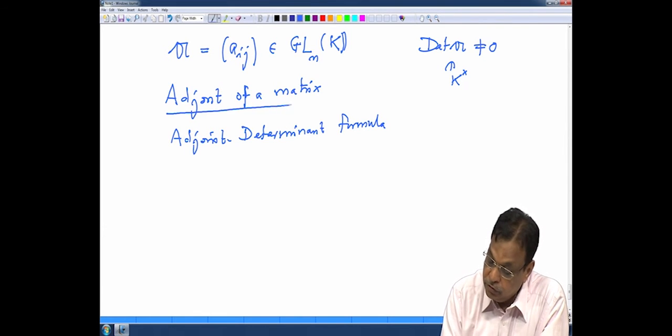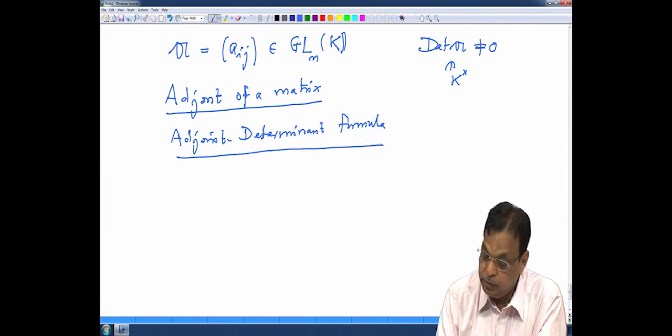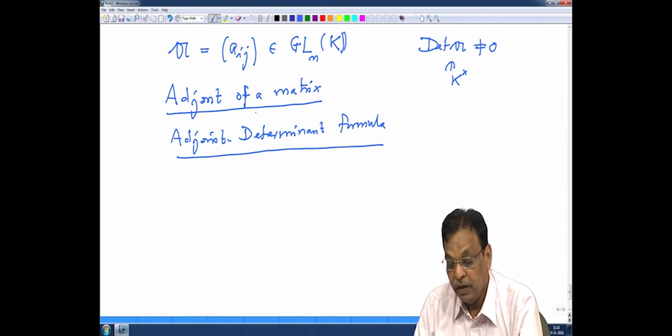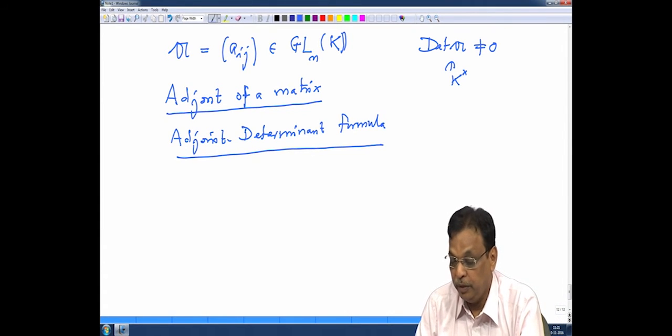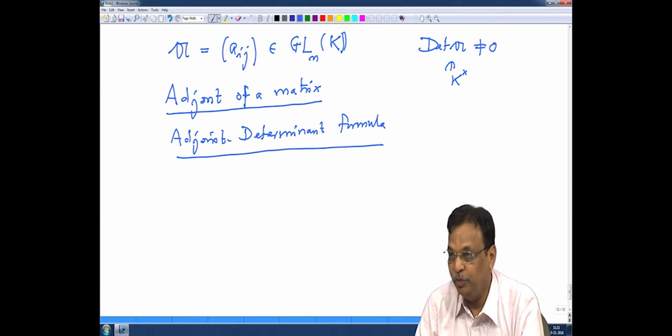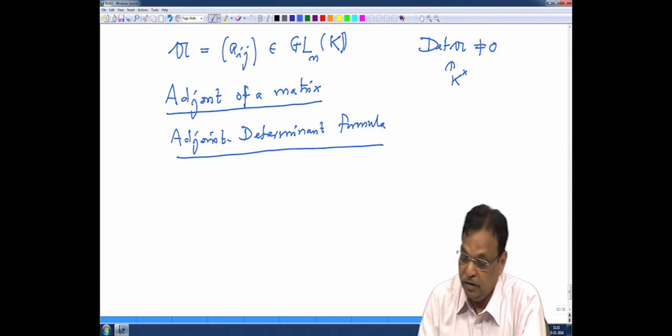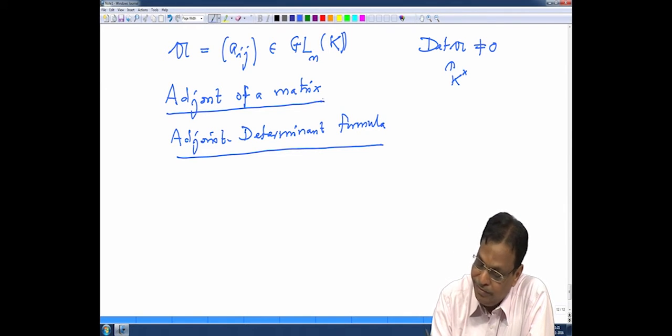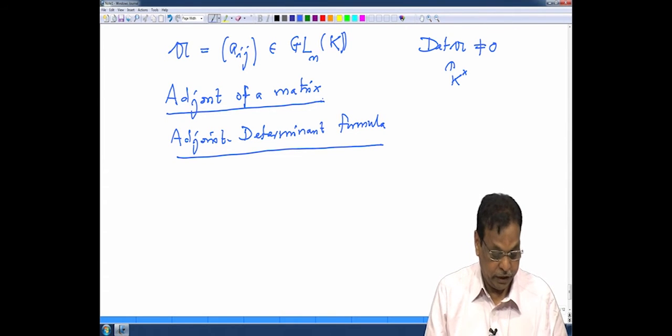So, first I will spend some time to define the adjoint and then prove the adjoint determinant formula. Actually, it would not be a bad idea to do it like what we did for the functions first or for the linear maps first, and then prove the formulas for that, but I will do it this time with the coordinates.